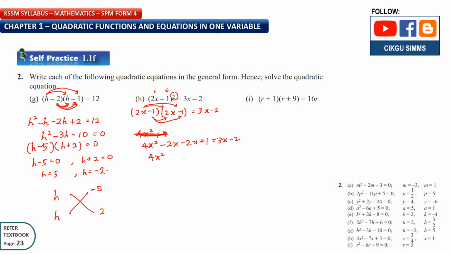Okay, negative 4 minus 3, negative 7, 1 plus 2, 3. So this one you solve it. This one is a 7. So I put 1, 4.